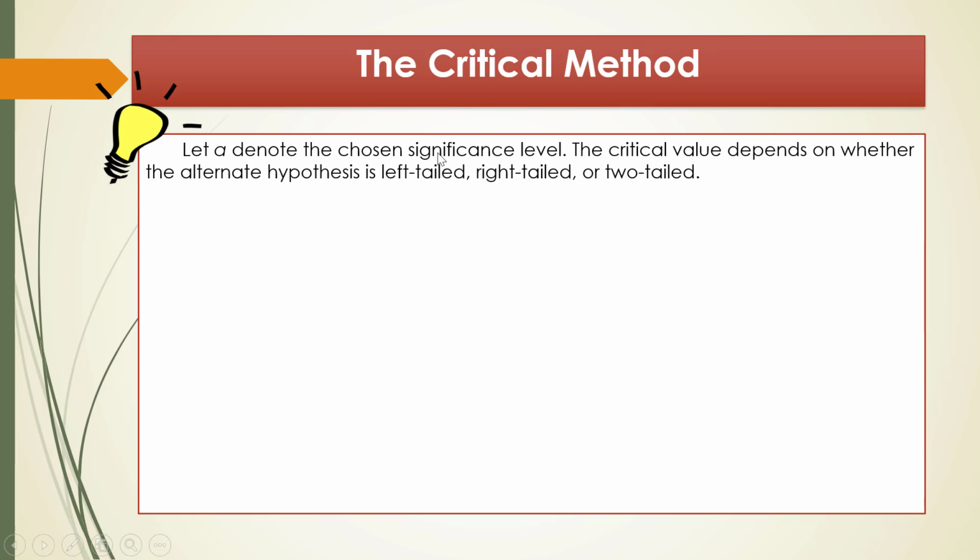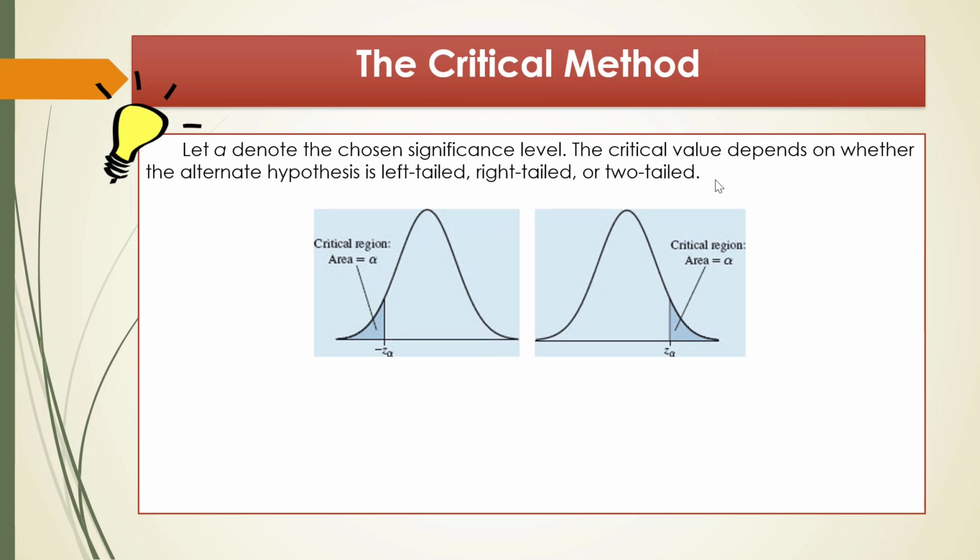is the significance level. The critical value depends on whether the alternate hypothesis is left-tailed, right-tailed, or two-tailed. In the last video, I showed you how to define whether a test is left-tailed, right-tailed, or two-tailed, so I'm not going to show you again in this video.